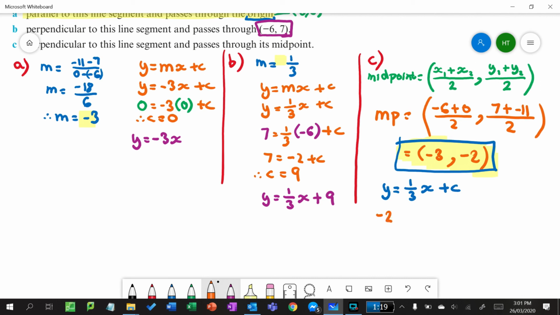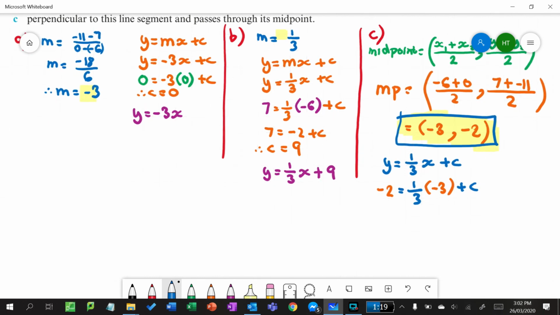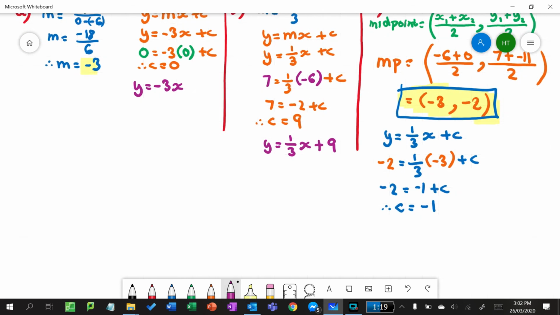Negative 2 equals 1 over 3, and x is negative 3, plus c. So it becomes negative 2 equals negative 1 plus c. Therefore, c equals negative 1. So our equation overall becomes y equals 1 over 3 x minus 1.